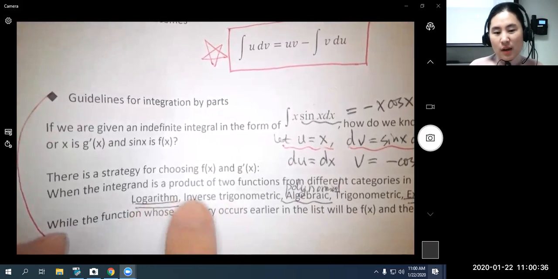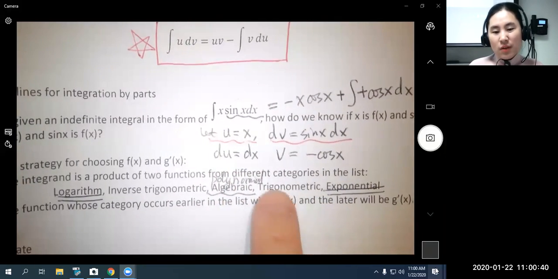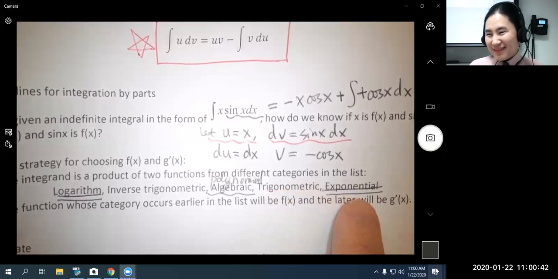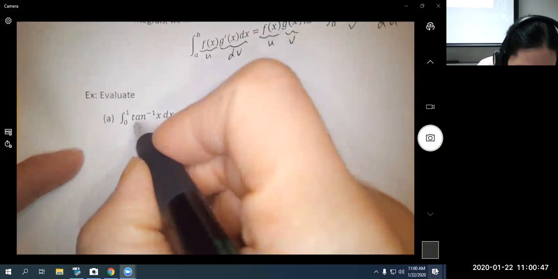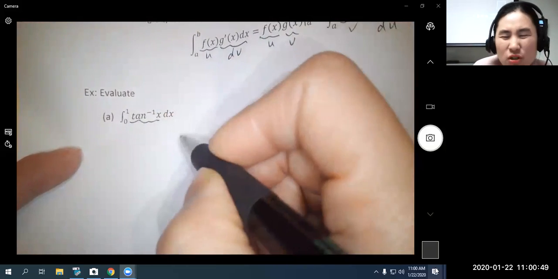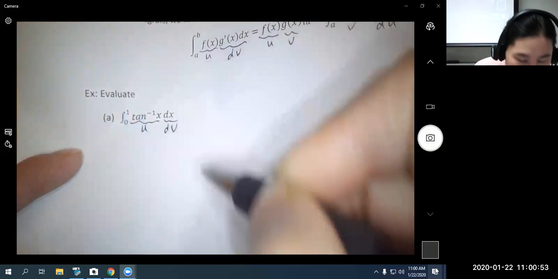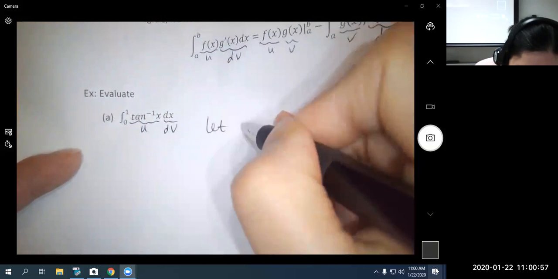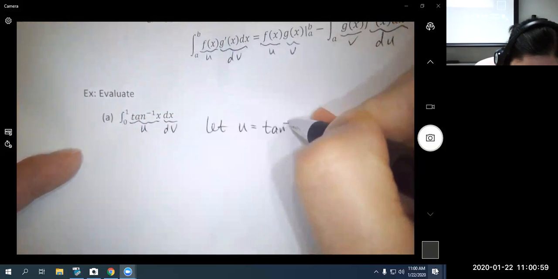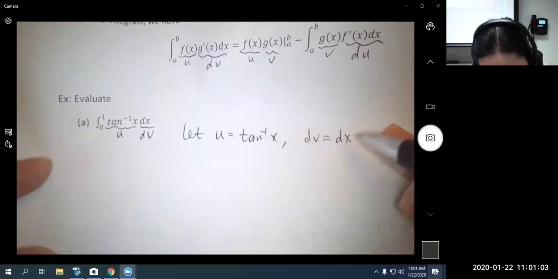After log comes inverse trig, then polynomials, then trig functions, then exponential. So here, what function do you want to be u? We don't have a choice. Do we have a choice? No. u has to be inverse tangent x. So the dv will be what? dx.